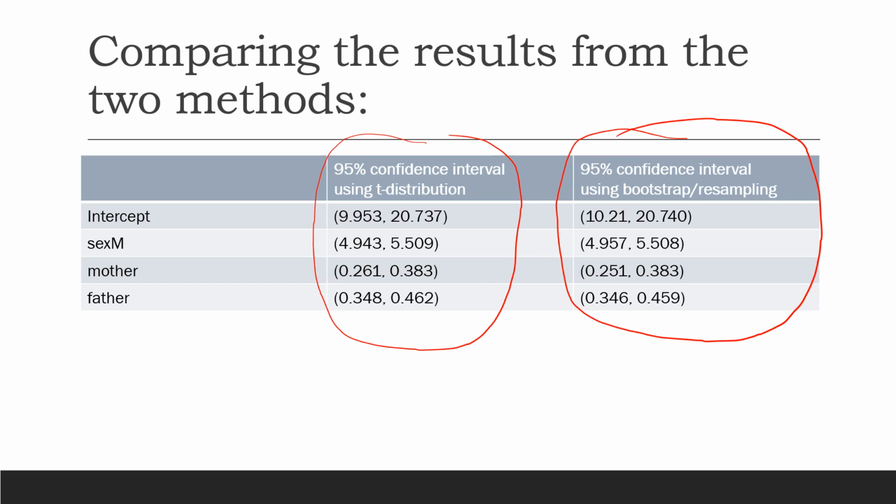If we have two reasonable ways of making confidence intervals, we'd like them to give us relatively consistent results, and here they do. Remember also that because the bootstrap resampling method uses a random process of resampling from the data, if you calculate those confidence intervals, you're going to get slightly different values than I did, just because of the random nature of the resampling process.